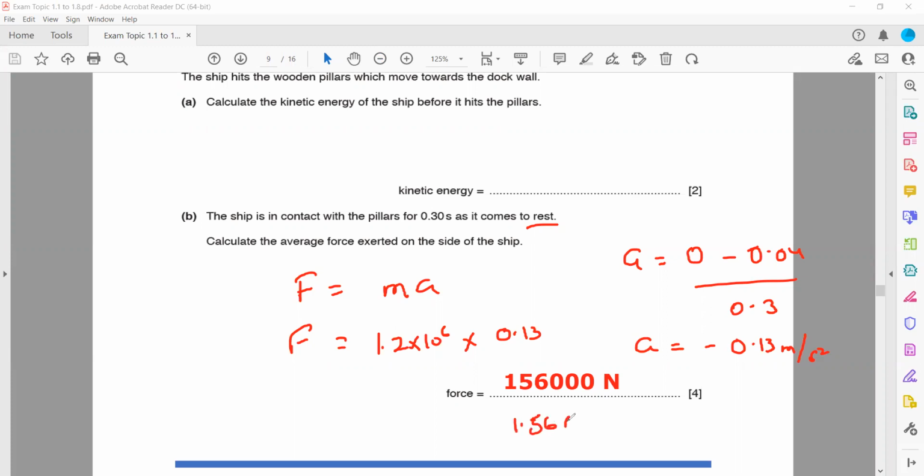When the number is too large or big, you can convert it into exponent form. So I can also write 1.56 times 10 to the power 5 newton. If you round it off to 1.6 times 10 to the power 5 newton, that is also correct. If you wrote it with zeros and didn't change it to standard form, it is also correct.